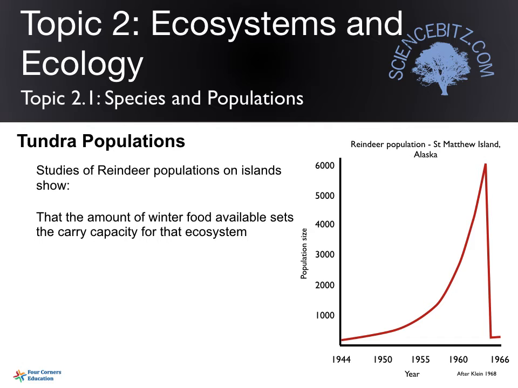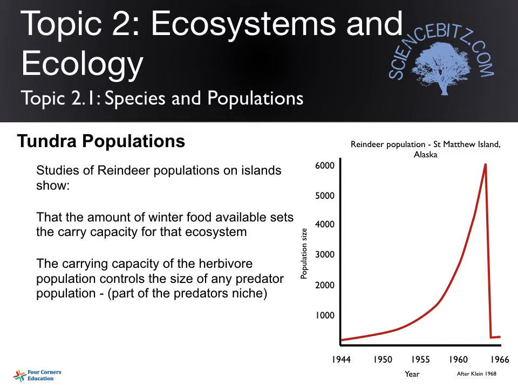So if we projected this on, if there were wolves on the island, it would be the carrying capacity of the herbivore populations that would control the size of the predator population. So part of the predator's niche is their ability to feed, and that's totally governed by how much food is available for their prey during the winter.